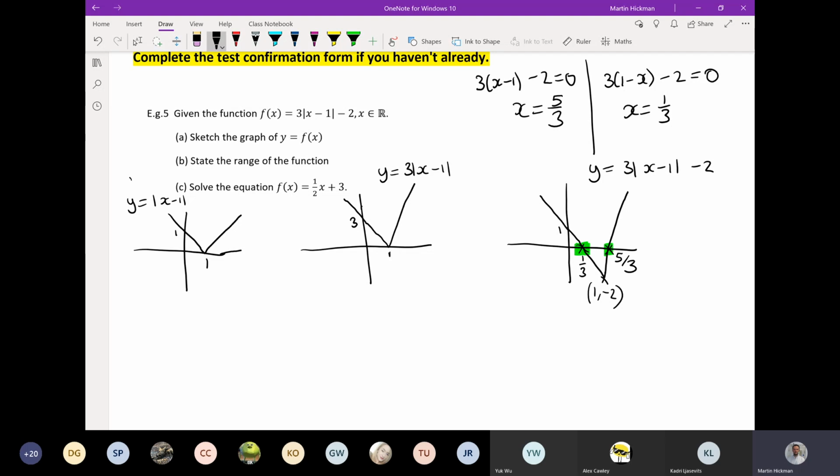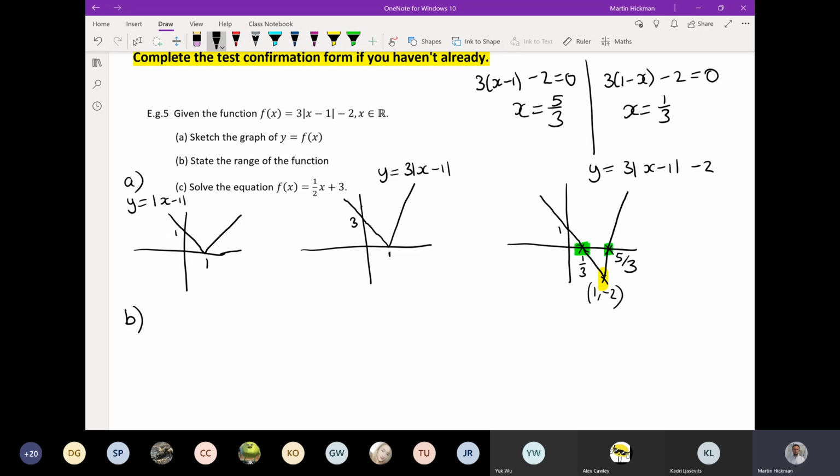So that is part A. Part B is nice and quick because I've got a nice detailed sketch here, and that's just the range of this function. If you look at the graph here, you can see that I've got this minimum point here of 1, -2, and you can see that it's just going off to positive infinity for any other value as x gets bigger or as x gets smaller from the 1.